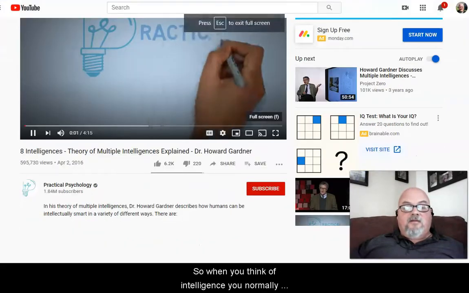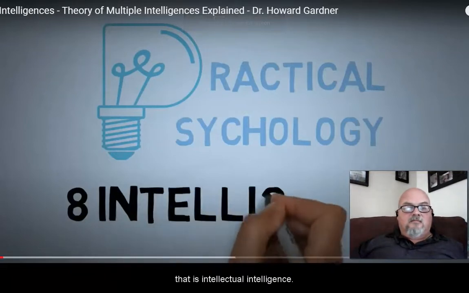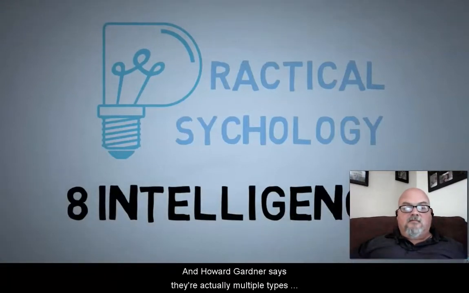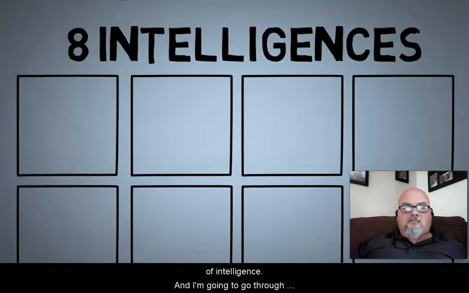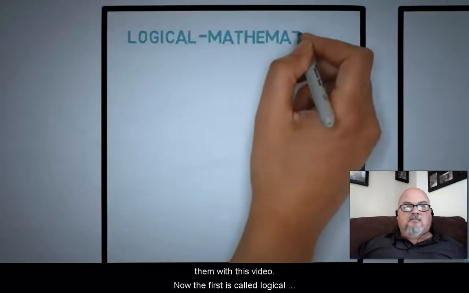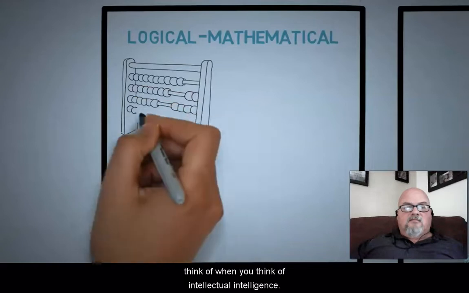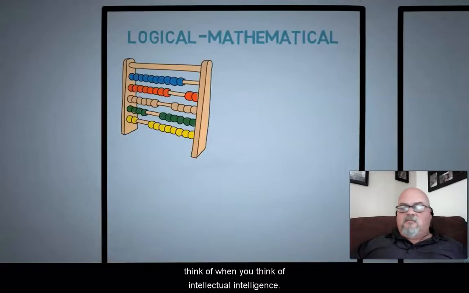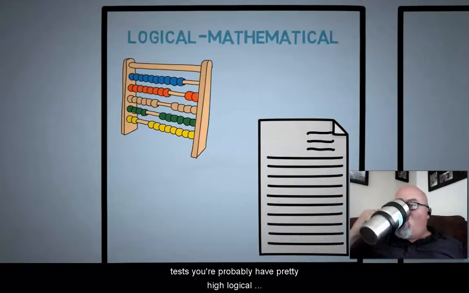So, when you think of intelligence, you normally think of the one intelligence that most people refer to, and that is intellectual intelligence. And Howard Gardner says there are actually multiple types of intelligence, and I'm going to go through them with this video. Now, the first is called logical mathematical intelligence, and this is basically what you think of when you think of intellectual intelligence. This would be stuff like logic, or if you're good at taking tests, you'll probably have pretty high logical mathematical intelligence.